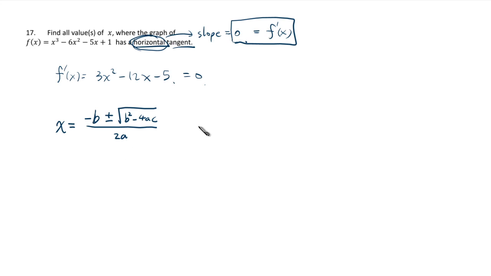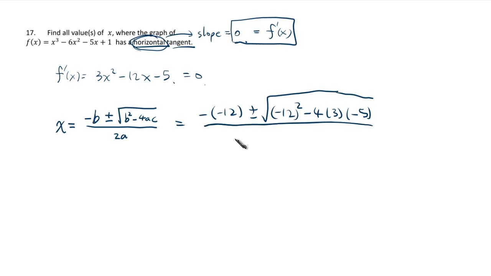All right. So now b is negative 12, so we have 12 plus or minus the square root of negative 12 squared minus 4 times 3 times negative 5, over 2 times 3.